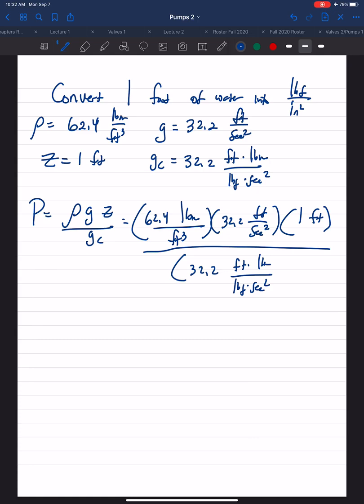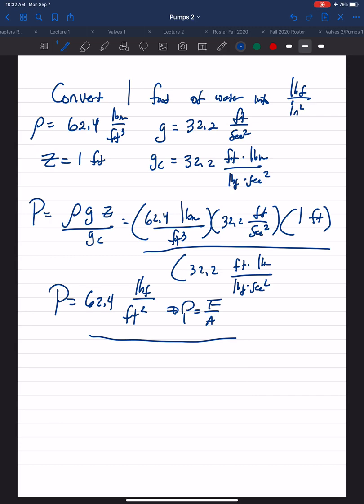As units cross out and you do your math, you're left with the pressure of 1 foot of water being 62.4 pound force per feet squared. This makes sense because our unit is force per area, and we know pressure is force per area. So the units make sense.